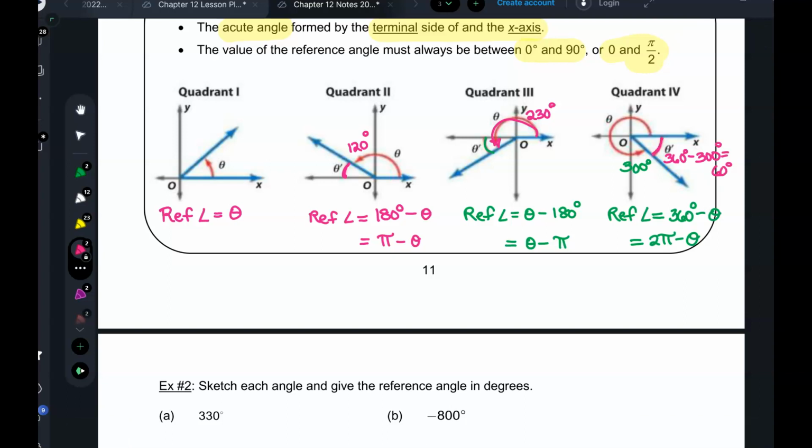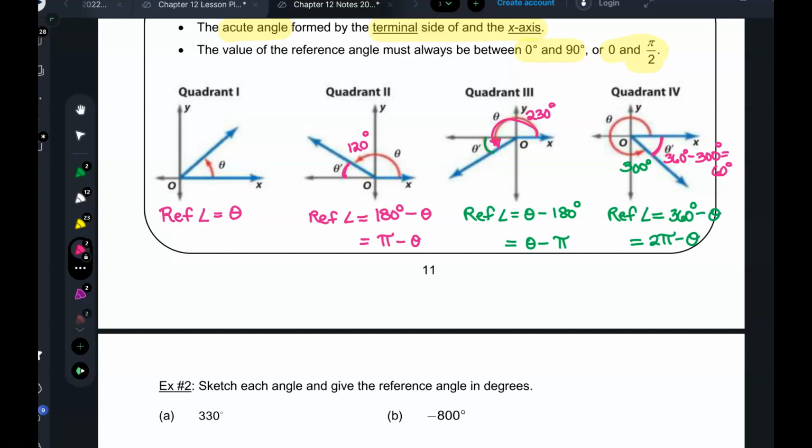But just the equation doesn't make sense, 360 minus theta, when we're trying to find theta. Okay, but picture all the way around is 360, and I've gone this much. How much do I have left over? Yeah, 60. I get that.